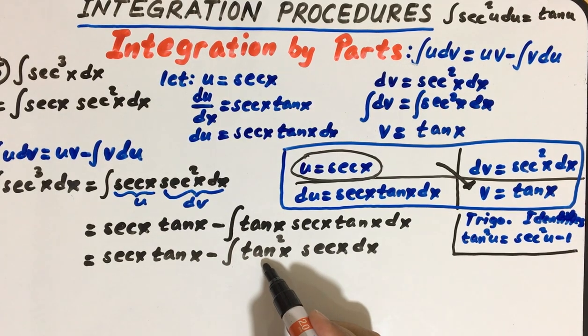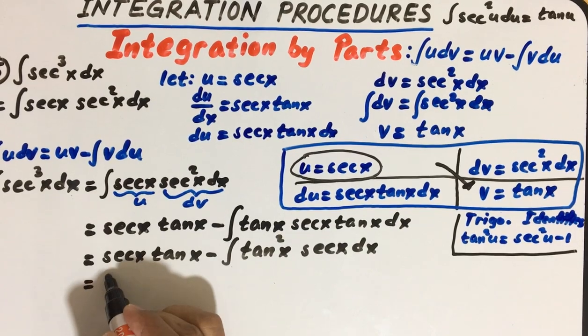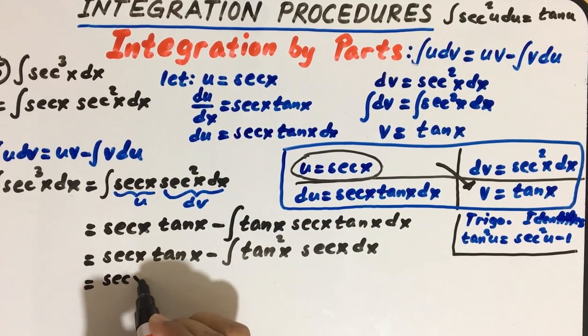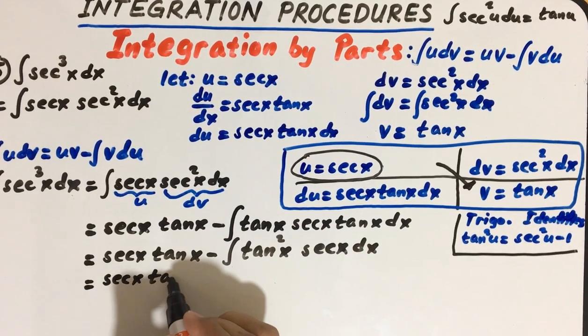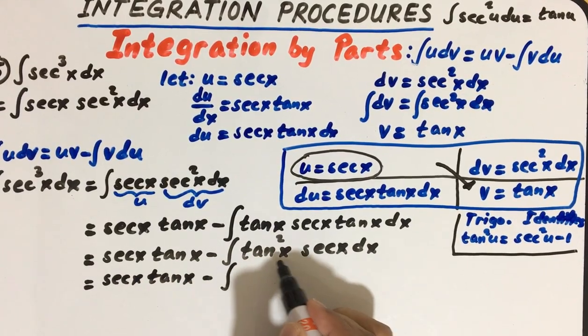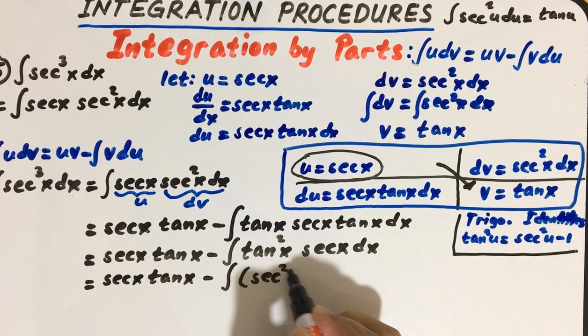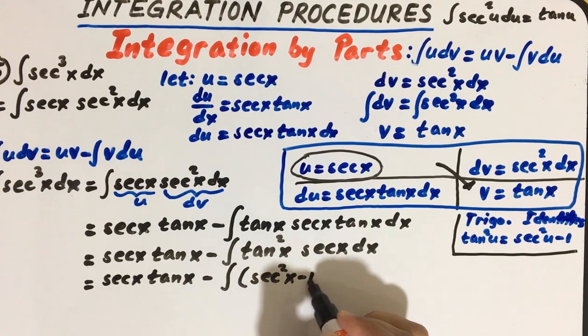So substitute it here, replace u with x, and writing this, we have secant x times tangent x minus the integral of, instead of tangent squared x, we write secant squared x minus 1.